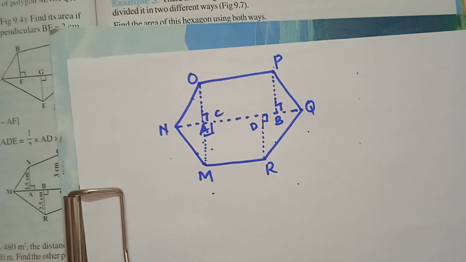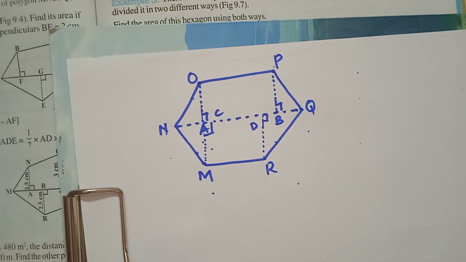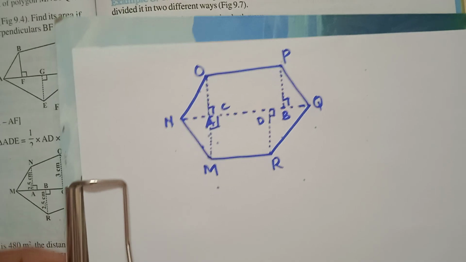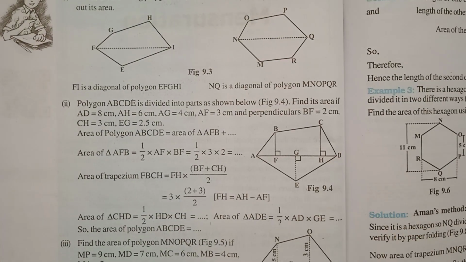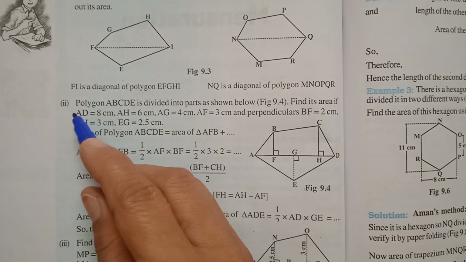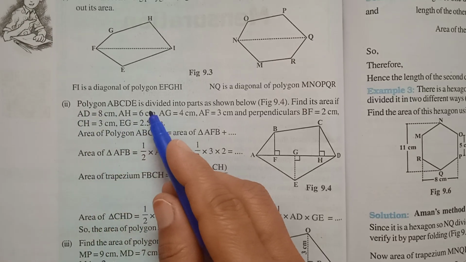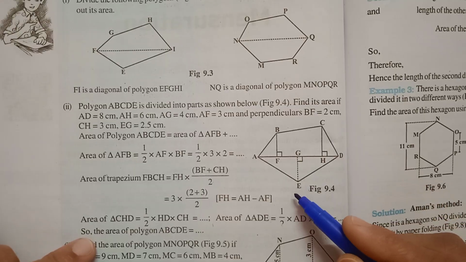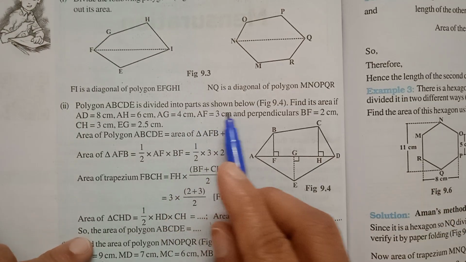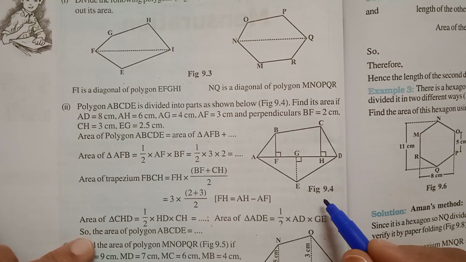In the next problem, they have given you different values of the sides. See here. Let me read you the question. Polygon ABCDE is divided into parts as shown in figure 9.4.